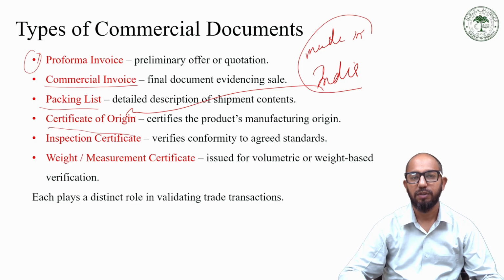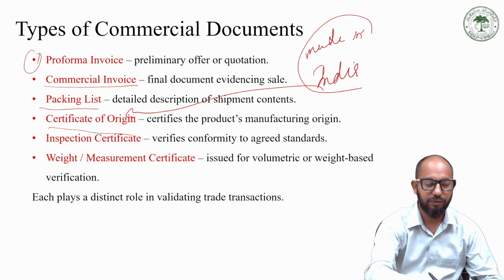Just to give an example, if there is a preferential trade agreement between India and the United Arab Emirates, that is UAE, and relaxation is given to Indian products, it means the UAE customs authorities will check the Indian goods to see that the label is mentioned made in India. If the made in India label is mentioned, the product will be given subsidy according to the rules and regulations.